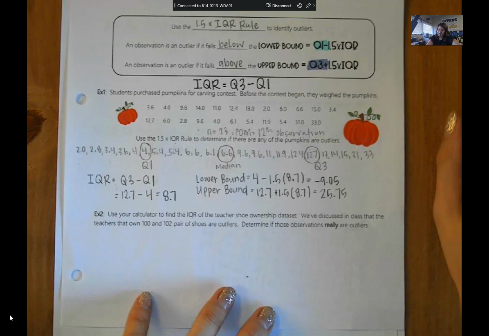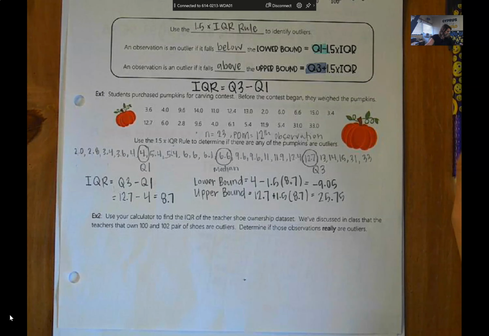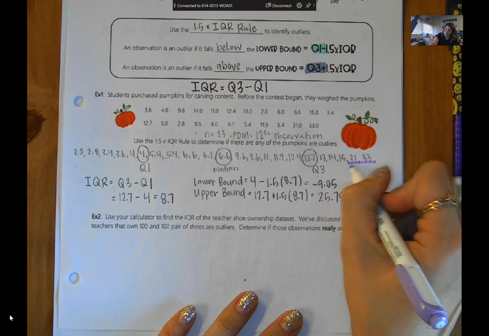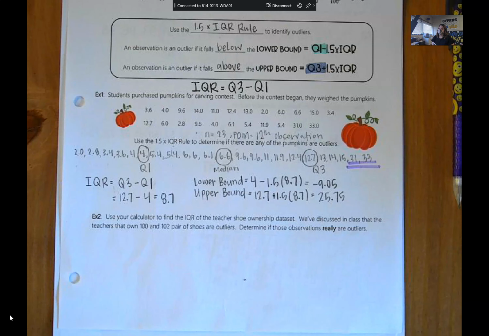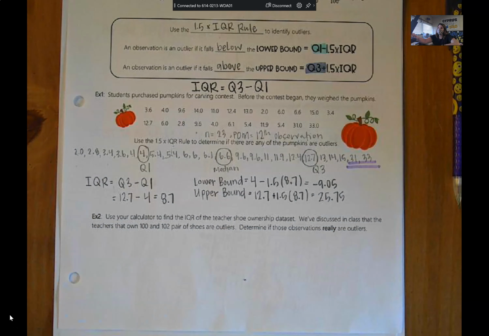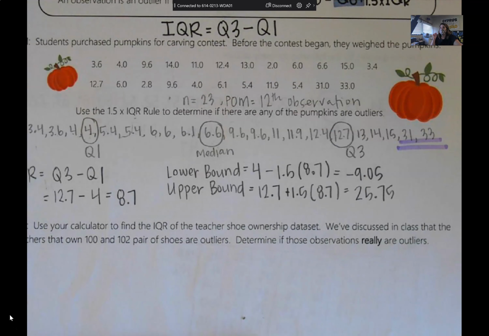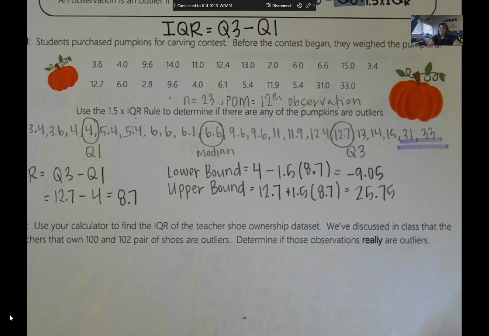So did we end up having some outliers? Look at your pumpkins. Did any of them weigh more than 25.75? Yeah, 2 of them did. These 2 on the end, 31 and 33, those are legitimately, mathematically outliers. Those guys are really heavy.